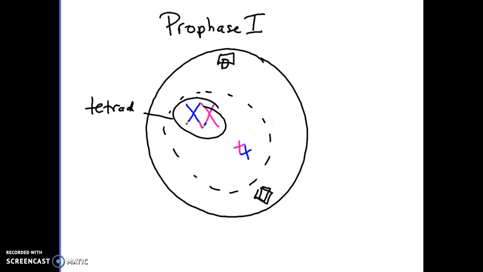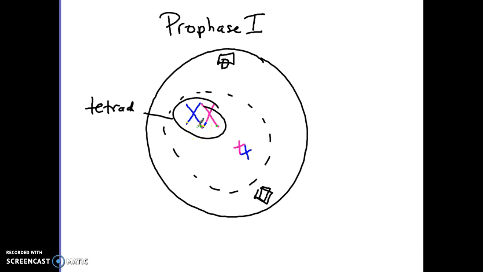The same location on the pink would be eye color, but it may be a different variation. So now you have a sister chromatid that has portions of the paternal chromosome, but there is a small maternal contribution there. So it does add a little bit of variety.